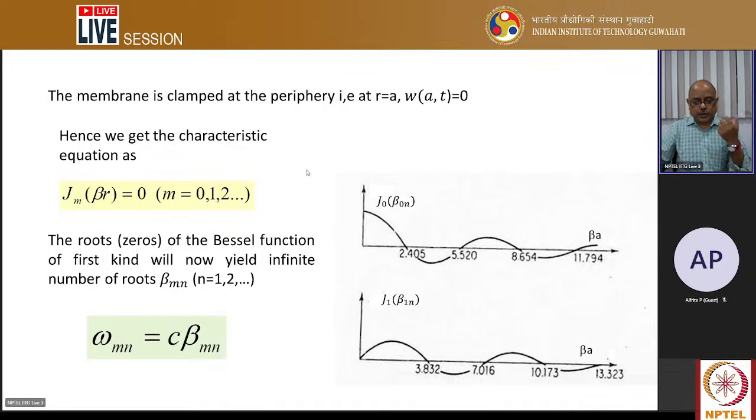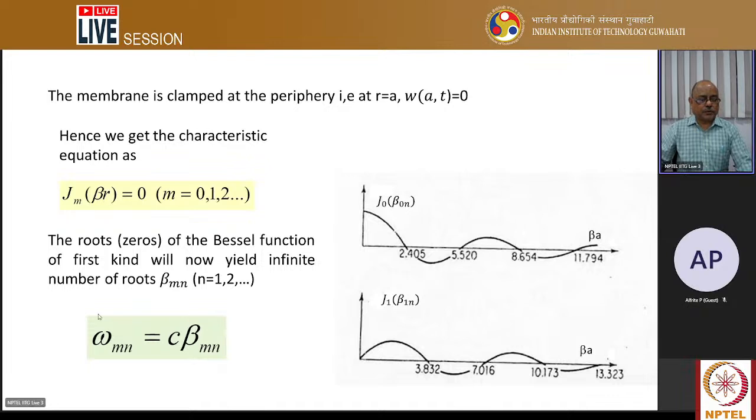Because in the mode shape function of a two-dimensional element, we generally find two indices that are associated with the omega. Omega is suffixed by two parameters, m and n. So one represents this quantity and another represents this quantity. The roots of the Bessel function of first kind will yield an infinite number of roots.